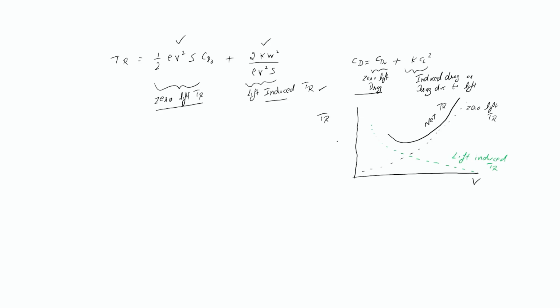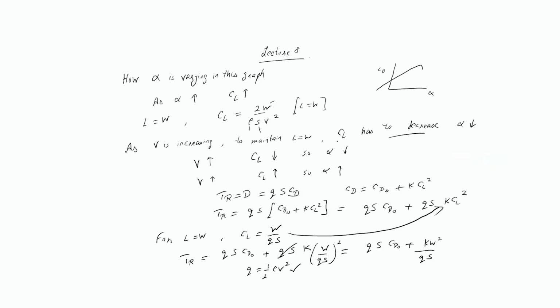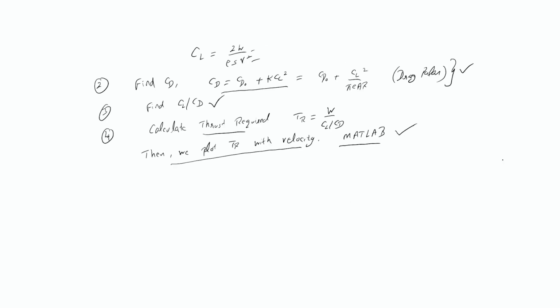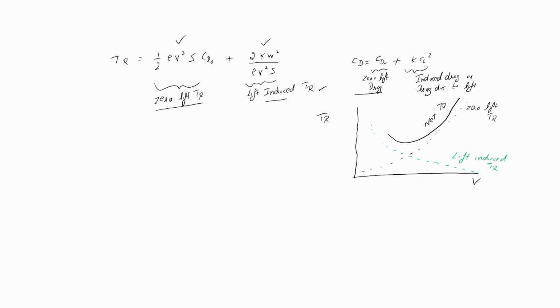Alright. So this is how, remember, we plotted the curve between thrust required with velocity, and this is actually the net thrust required curve.